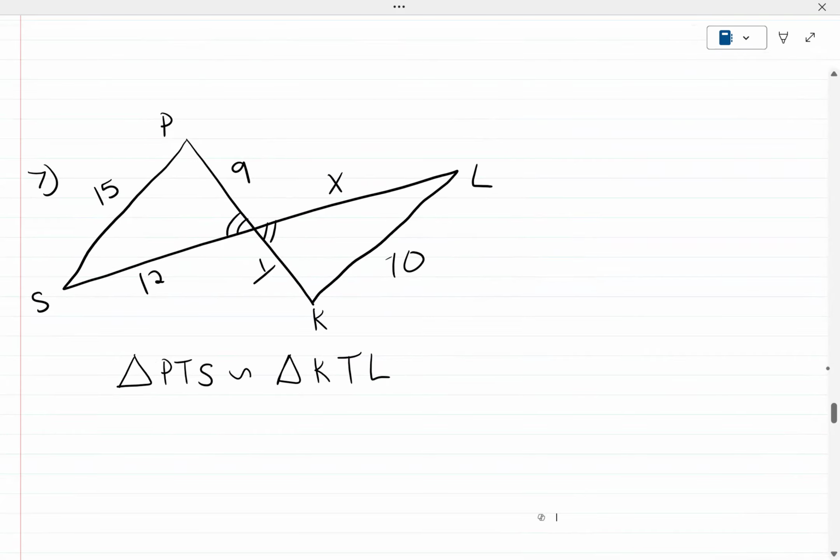Okay, so they're saying that triangle PTS is similar to triangle KTL.